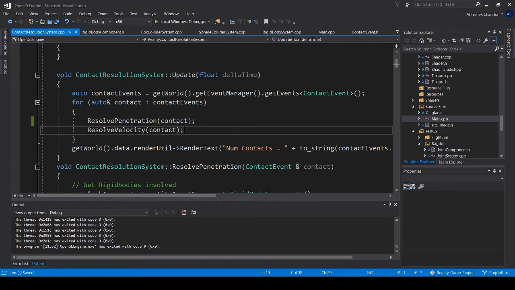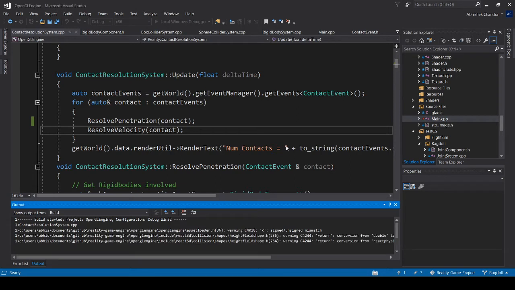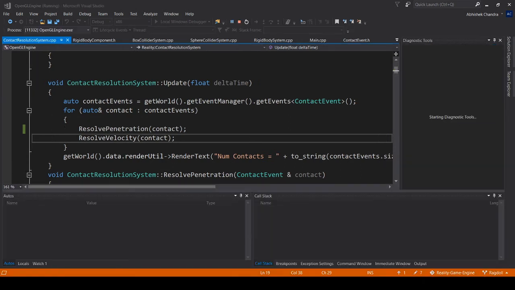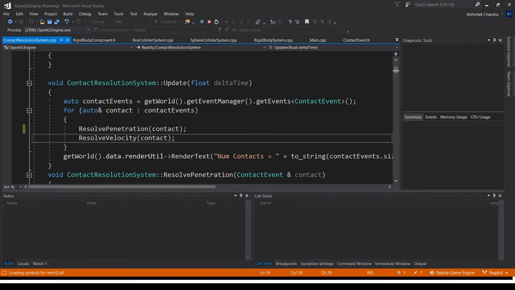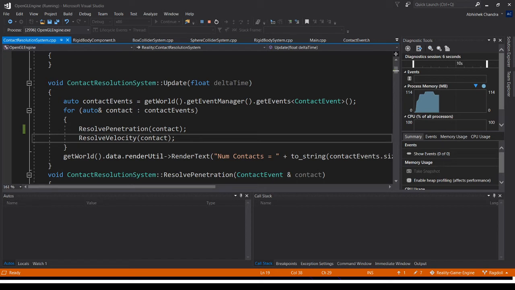So let's see what this looks like. I'll run the same thing with the spheres and the boxes and see what that looks like. And for now, it actually looks almost the same.